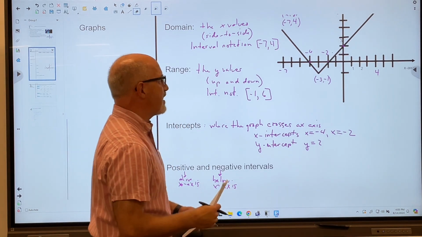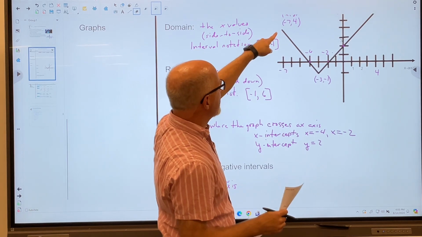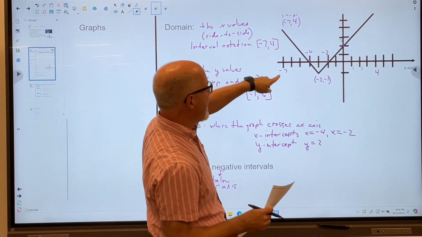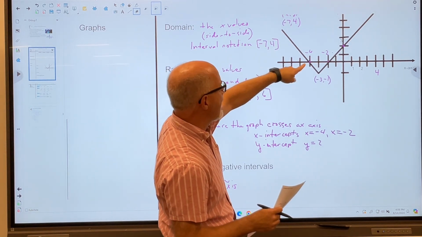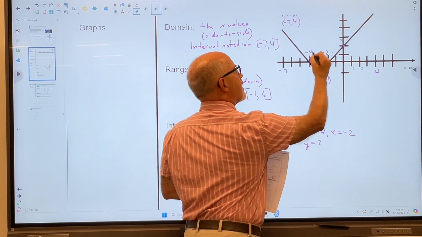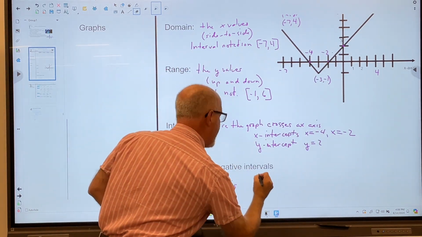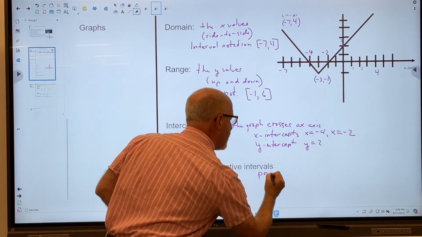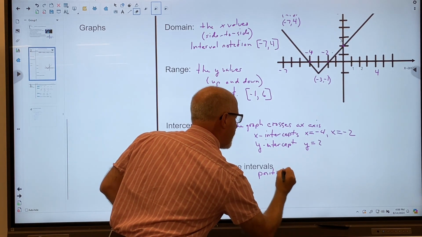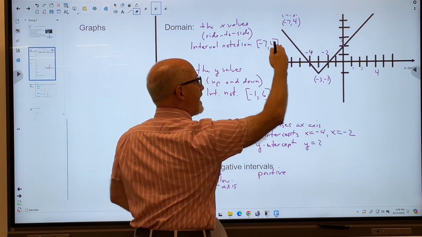So when we look at this, when is it above? Notice it's above the axis for the x values, so where we have a positive interval, it starts at -7.